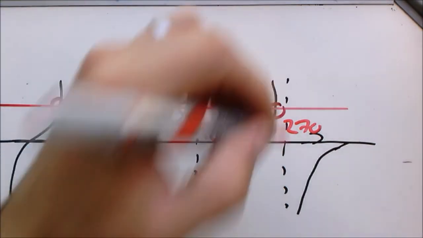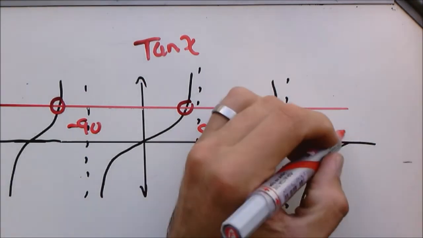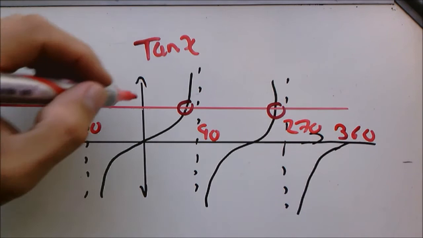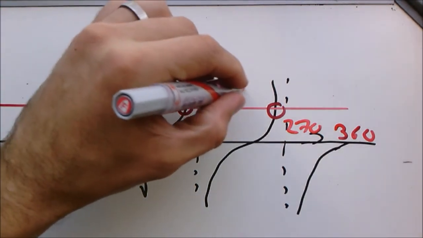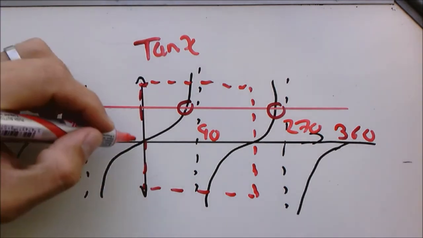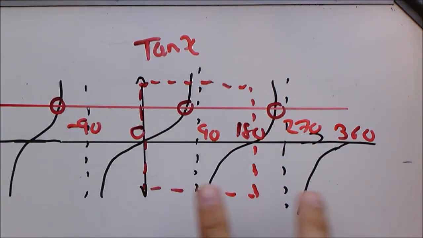The difference though is that this is only repeated with every 180 degrees, not 360 degrees. You can see here, if I take this part of the function between 0 and 180, and I copy it and paste it, it will be repeated in both directions.